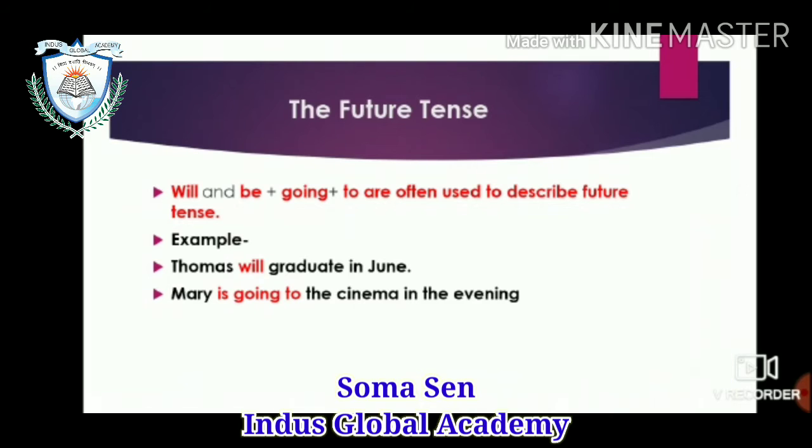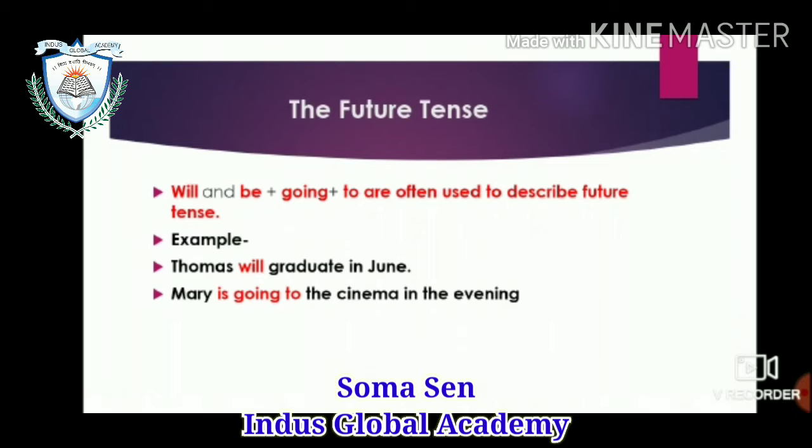So what is the future tense? Future tense is describing any action that is going to happen in future. It has not happened, it is not happening, and it is only going to happen in future. So what kinds of verbs are we going to use there? Will or be and going to have to be used.